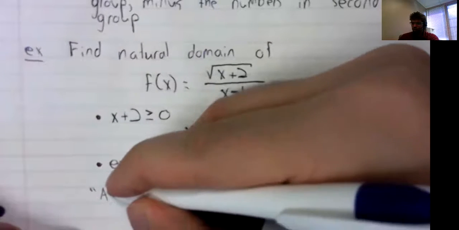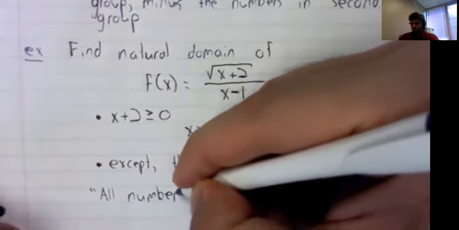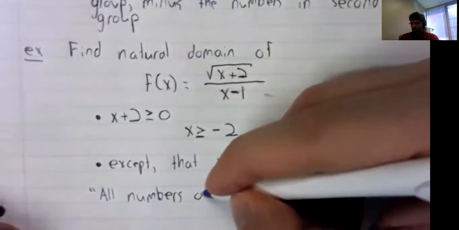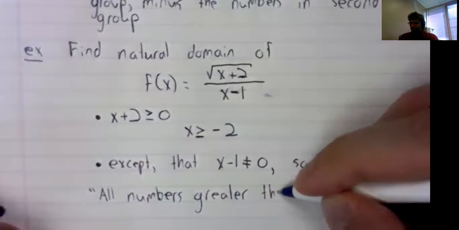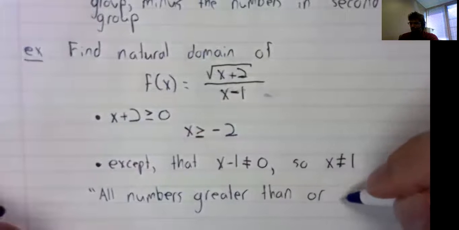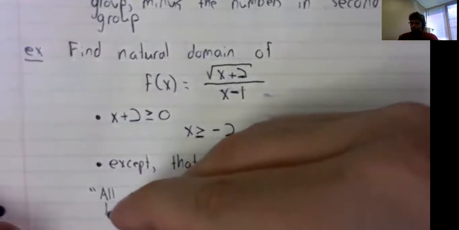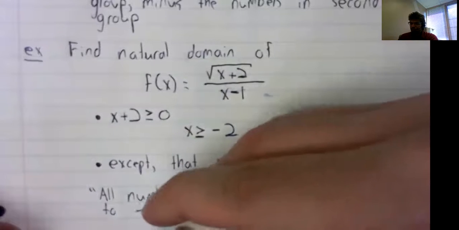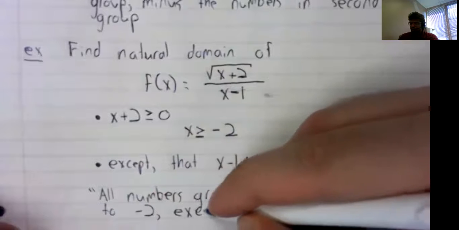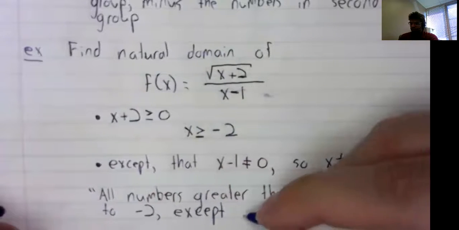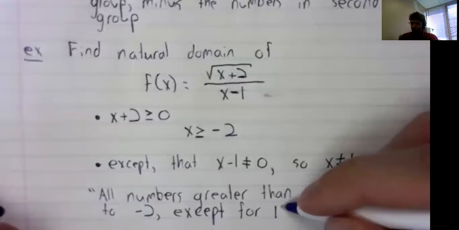So the natural domain is all the numbers greater than or equal to negative 2, except for 1.